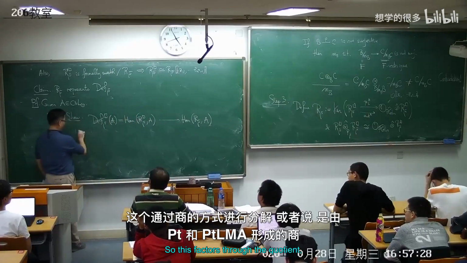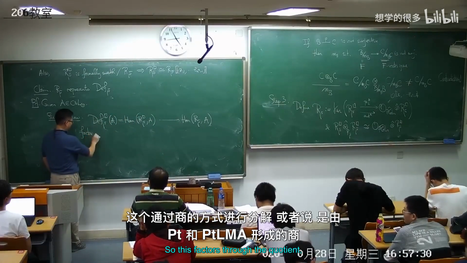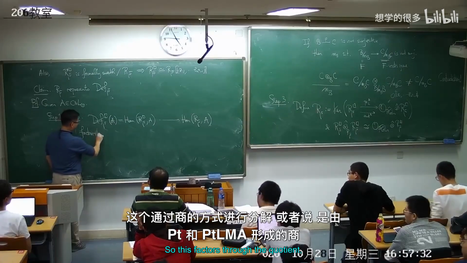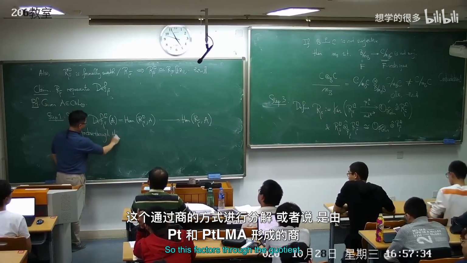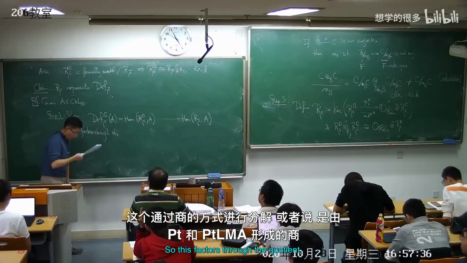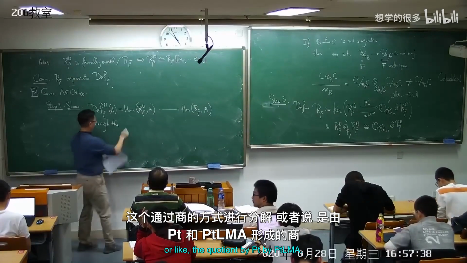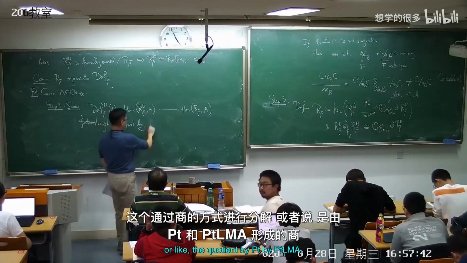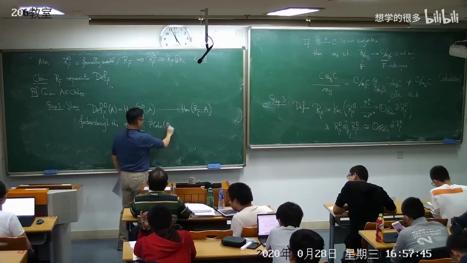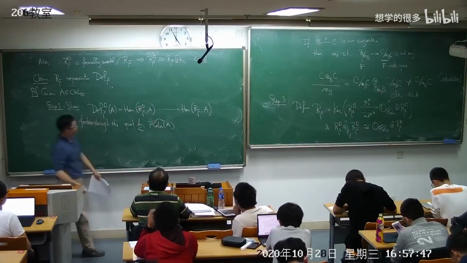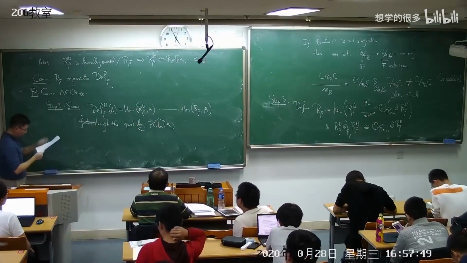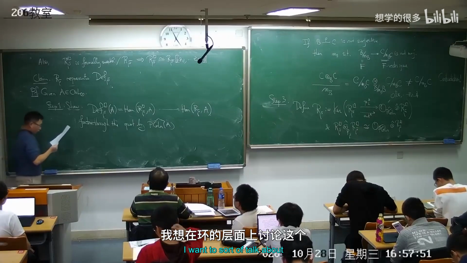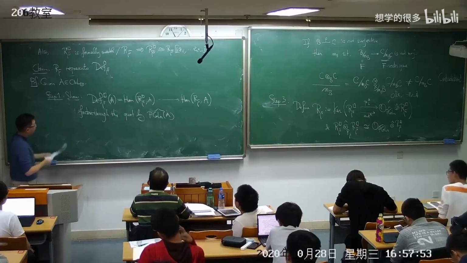So this factors through the quotient by PGLN of A. I want to talk about this on the ring level.